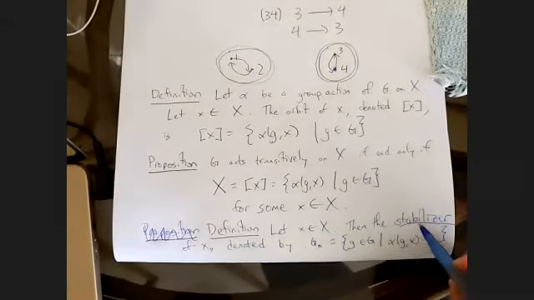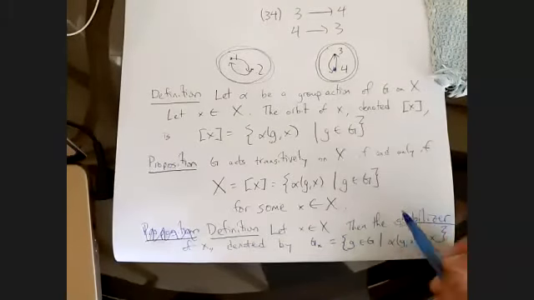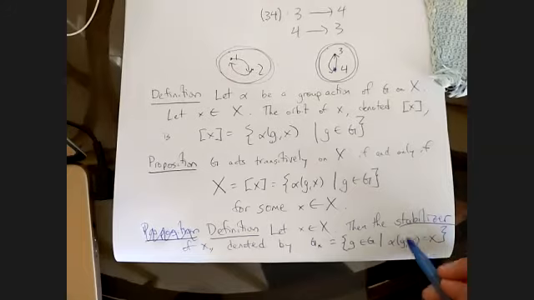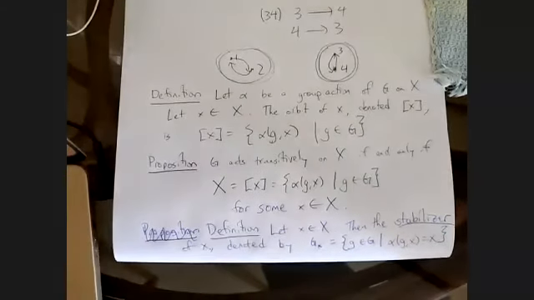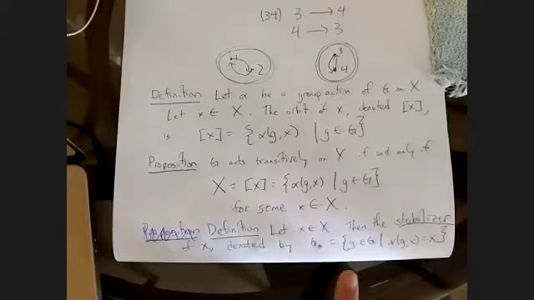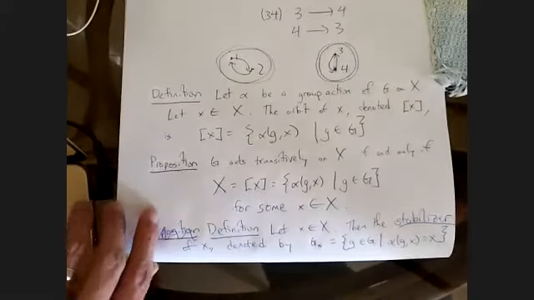Okay, so we have the stabilizer, we have orbits. So here we have a subset of G, so let's just prove that it is, hopefully, a subgroup.